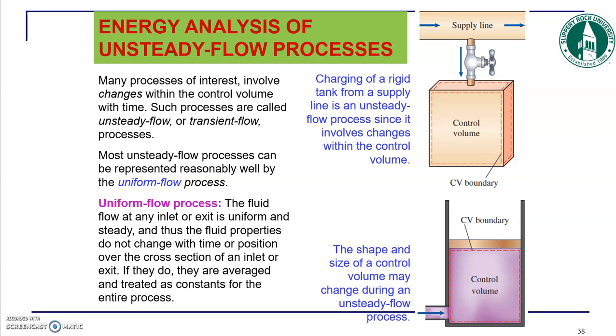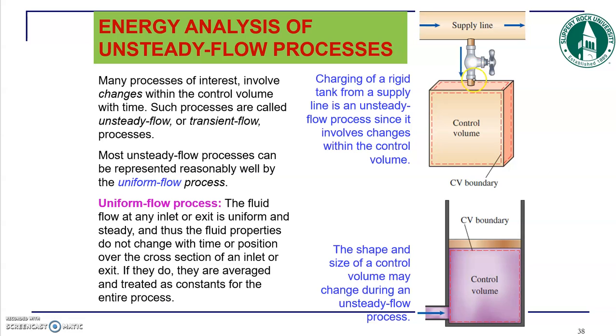You can see two examples of this on the right side, and the top one is a control volume. There is a valve and there is a supply line. If you open the valve, the gas or fluid which is inside that supply line will enter your control volume, and the mass of your control volume will change with time.